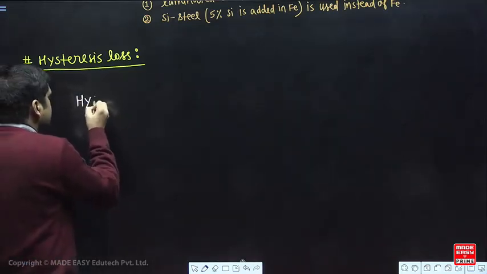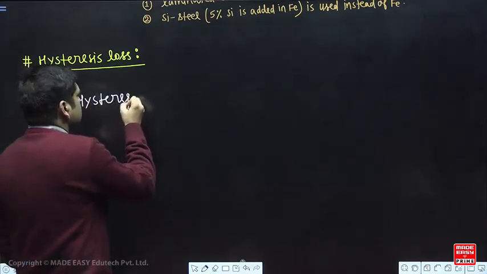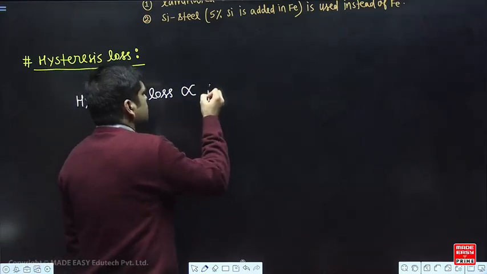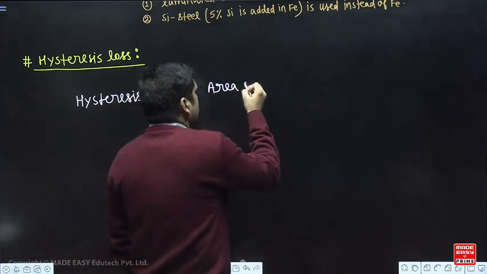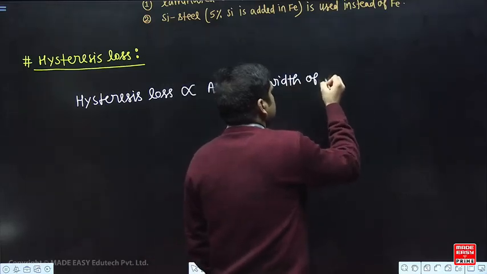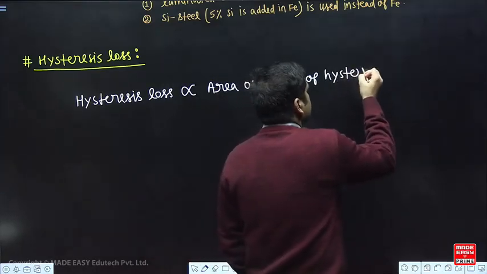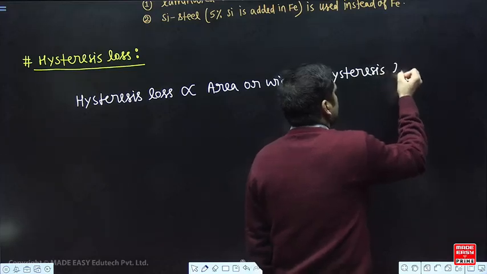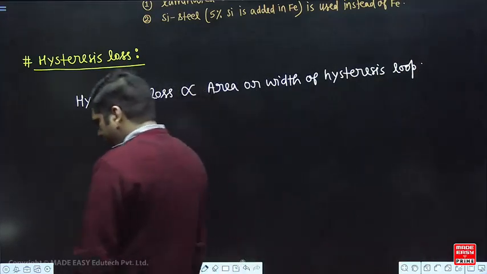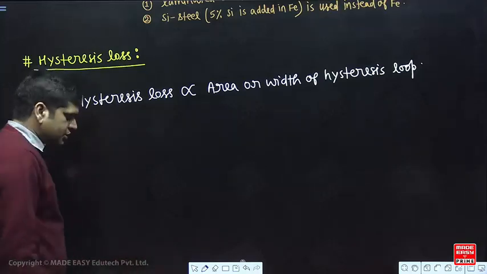So hysteresis loss is directly proportional to the area or width of the hysteresis loop. Wider the hysteresis loop, higher is the hysteresis loss. Narrower the hysteresis loop, lesser the hysteresis loss.